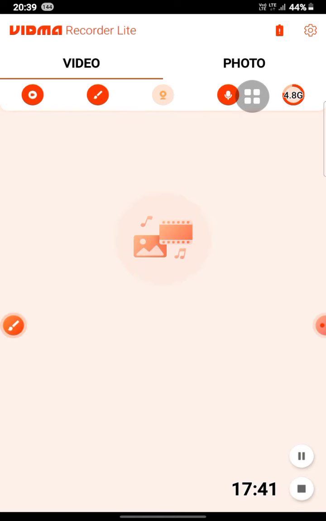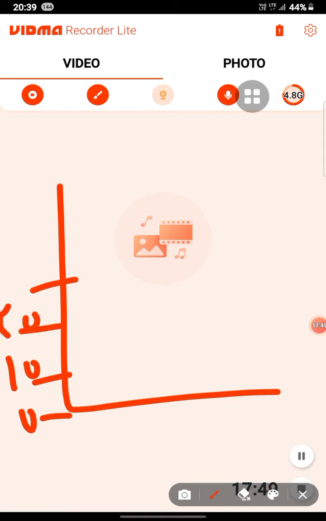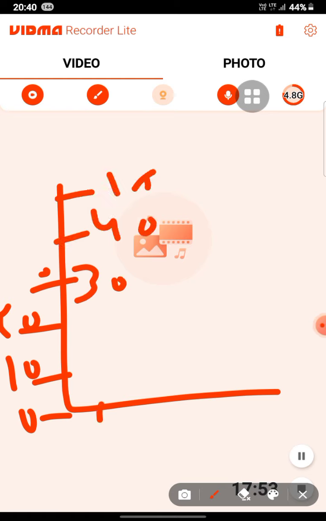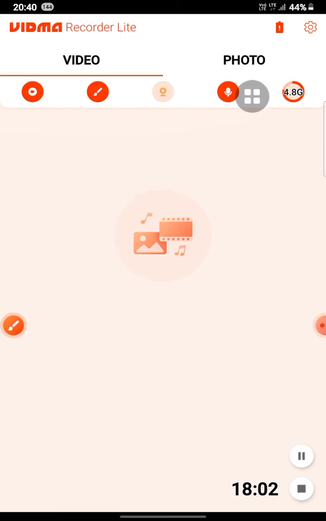What shift can we see in the demand curve? See this curve. Again there is 0, 10, 20, 30, 40, 50 and 1, 2, 3, 4, 5, 6. This is the quantity and this is the price.